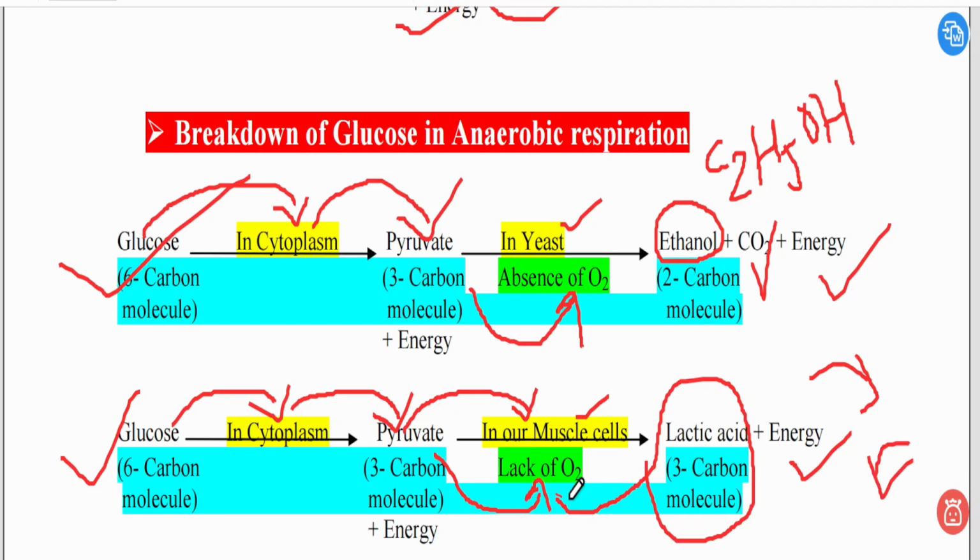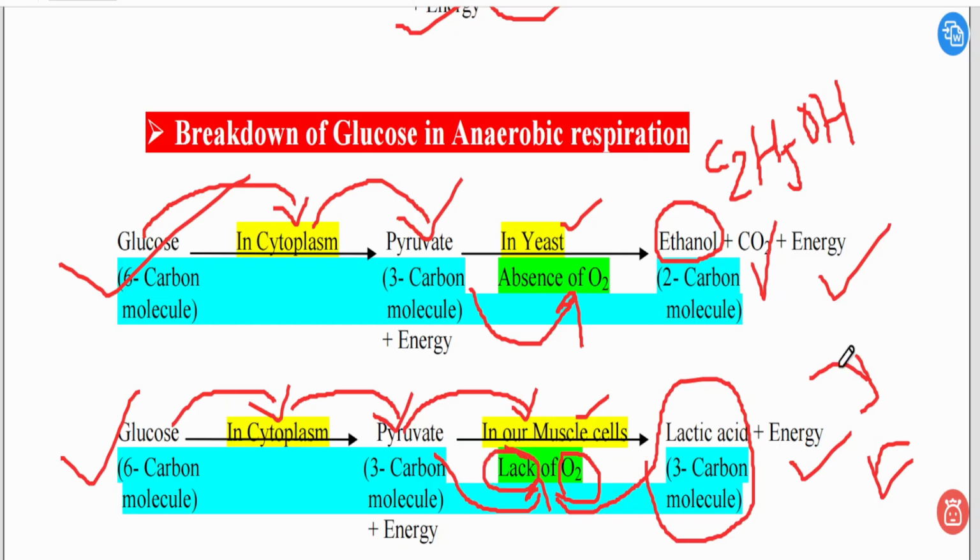Then this oxygen reaches the lungs and then the different cells of the body, and breakdown of glucose takes place and releases some energy. Why? Because of the lack of oxygen.